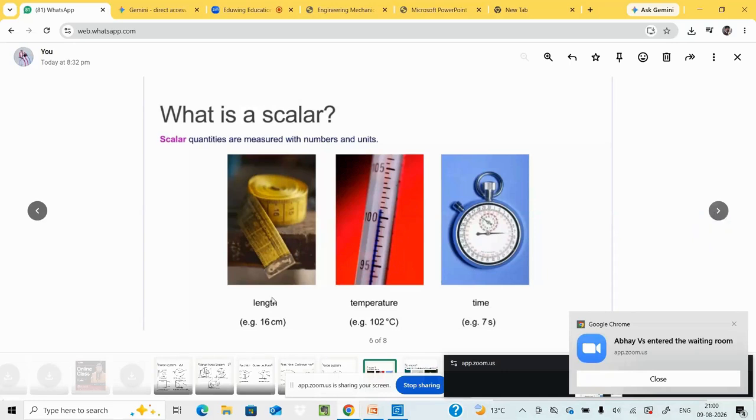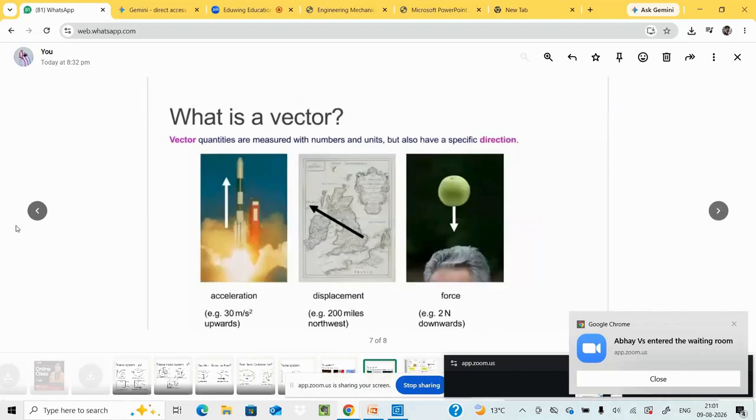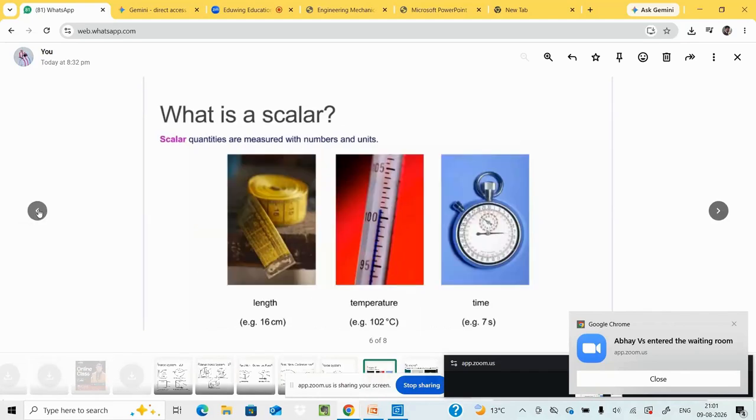Scalar is nothing but numbers only, and the unit, whether centimeter, millimeter or kilometer. In electrical, suppose 230 volts single phase, 230 is nothing but the scalar quantity, and the unit of that is the volt. Okay.